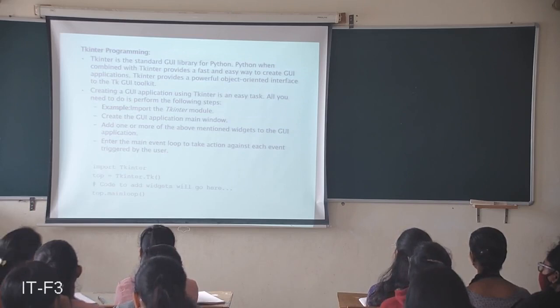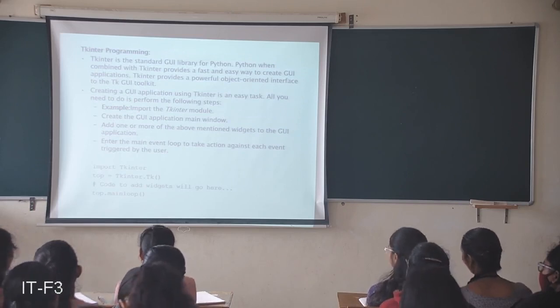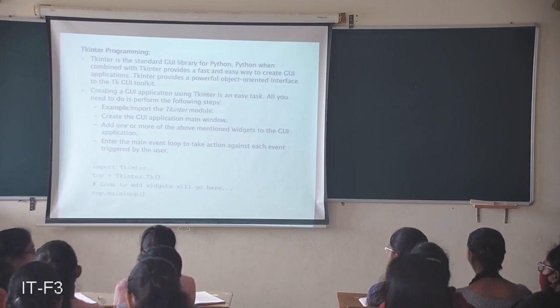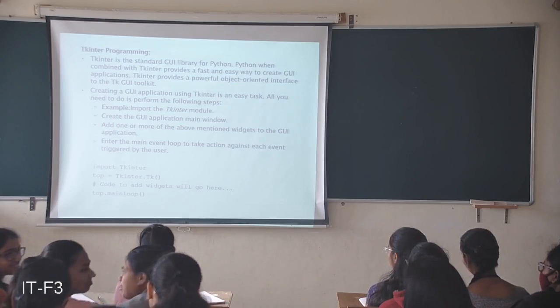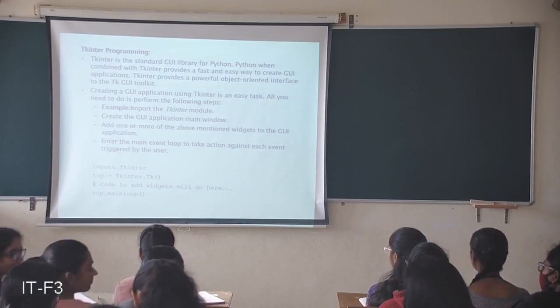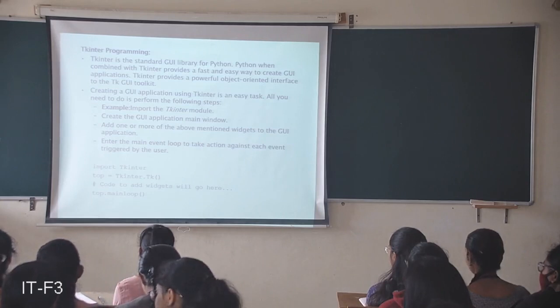Already we have seen how to create a GUI application. Basically, you have to import the Tkinter package first using an import statement, and then you have to create a top level window by using the statement top = tkinter.Tk, where both T's are capitals.